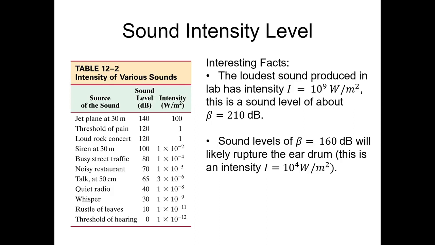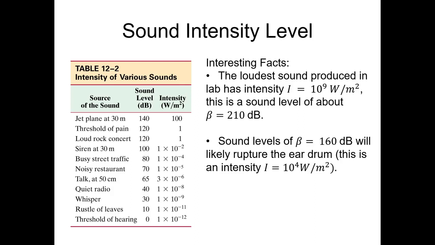It's a nice scale. Now, look at the scale itself, and you will see why we use a logarithmic scale. Look at the intensities. From a jet plane, which is 100, 10 to the 2, to the threshold of hearing, 10 to the minus 12, that's a range of 10 to the 14, which is very large. So there's 100 trillion.